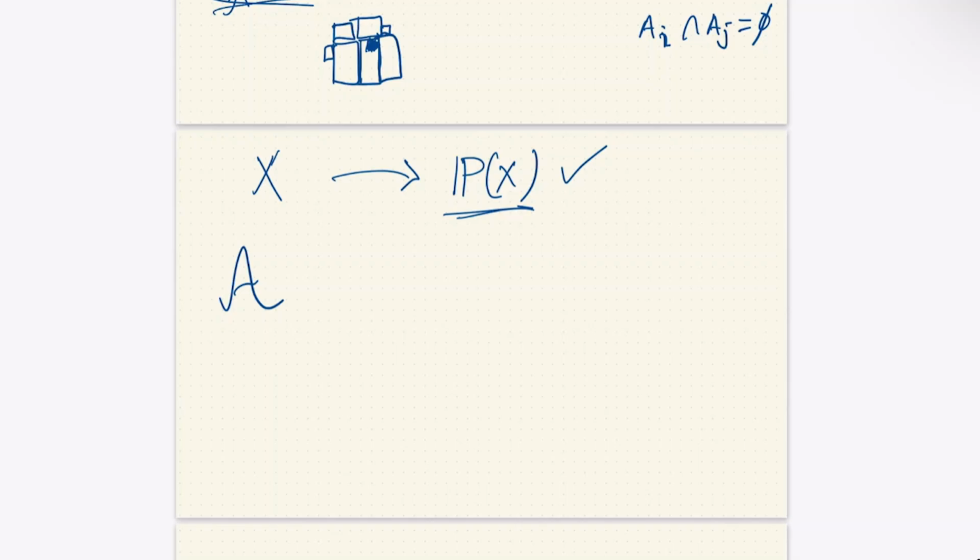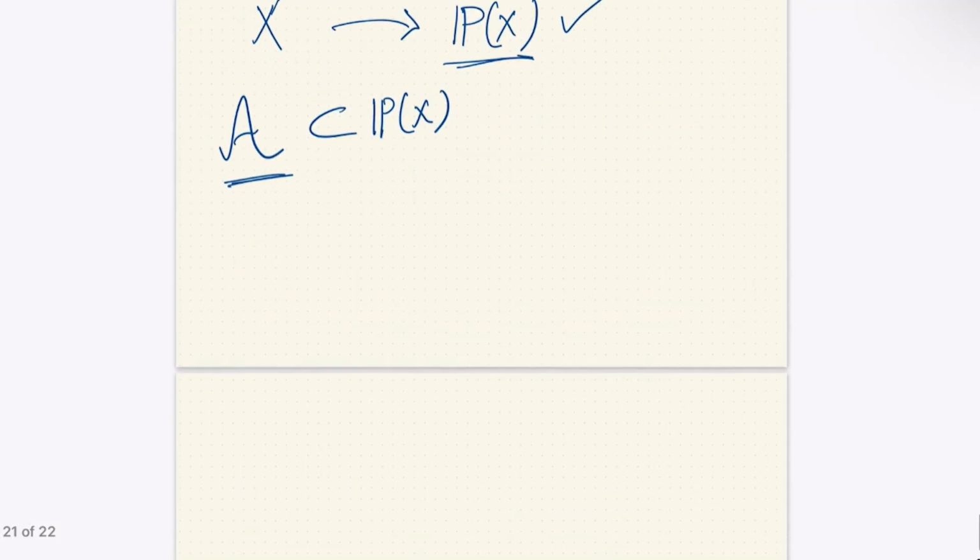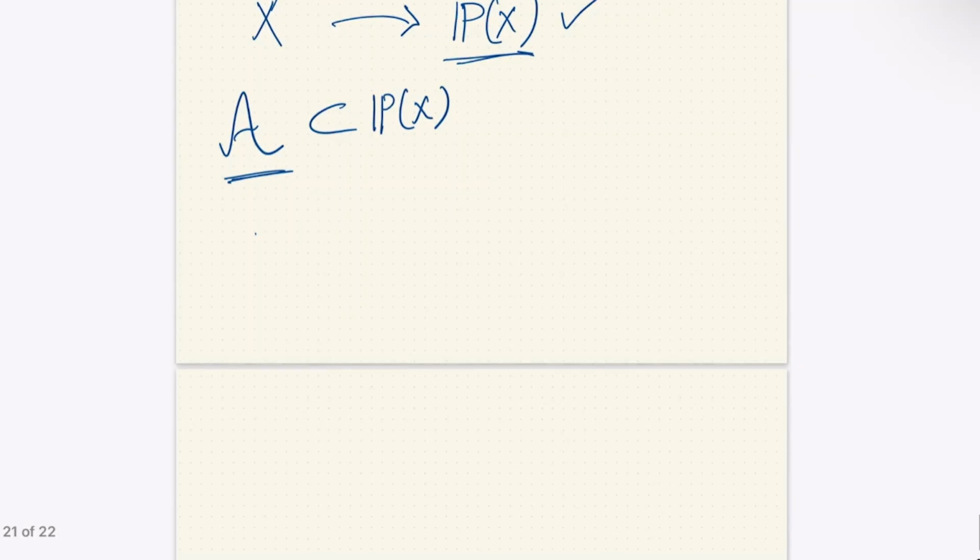Okay, this A is some subset of the power set of X. The power set of X is the set of all possible subsets of X, and we are having some collection of subsets. Those subsets should satisfy a few properties.